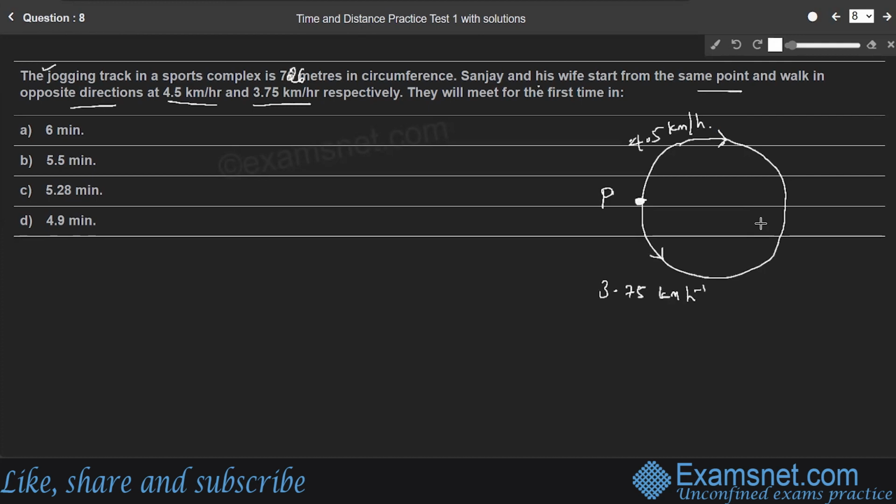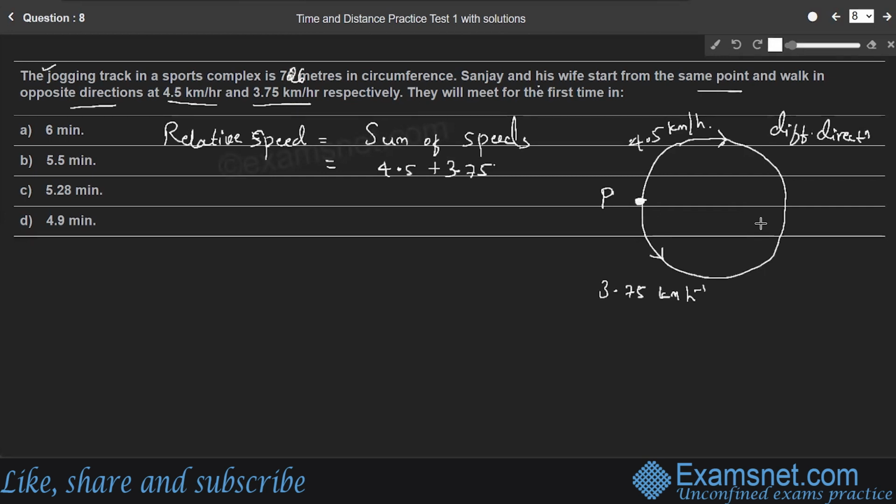If two bodies move in different directions with two different speeds, we use the concept of relative speed. This relative speed gives their point of meeting. Since two persons are moving in opposite directions, the relative speed is the sum of their speeds, which is 4.5 plus 3.75.